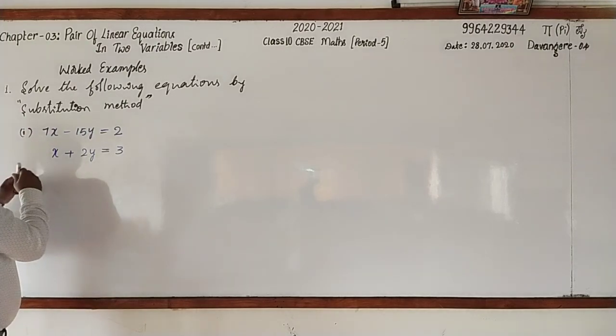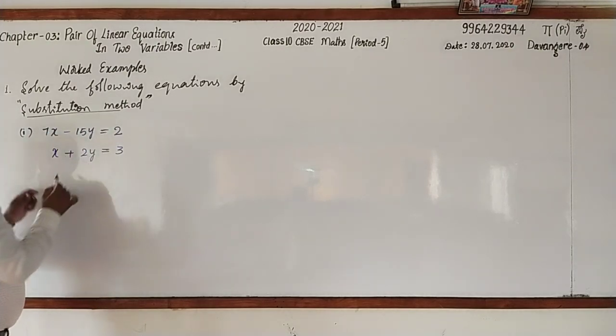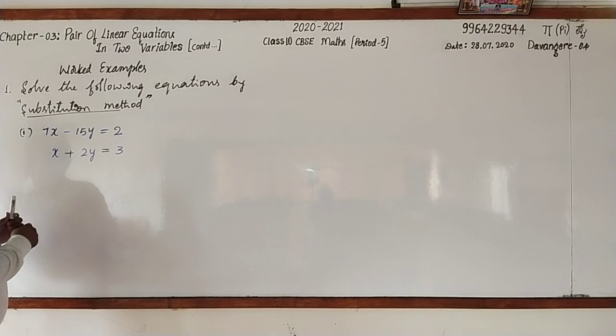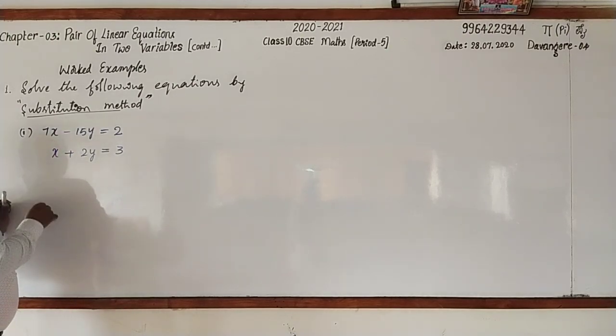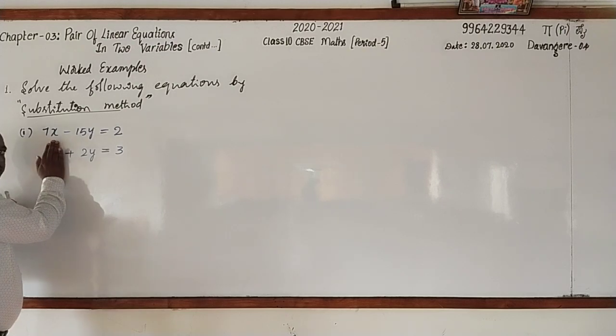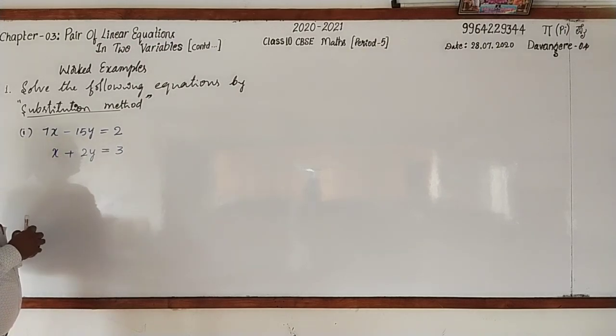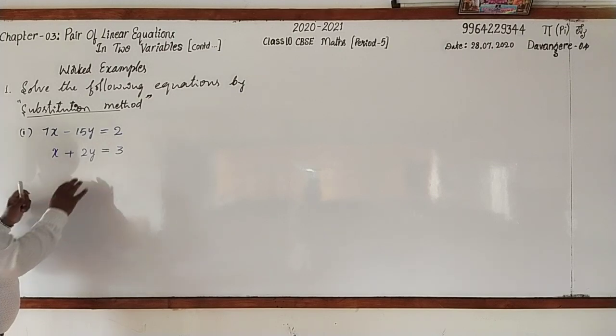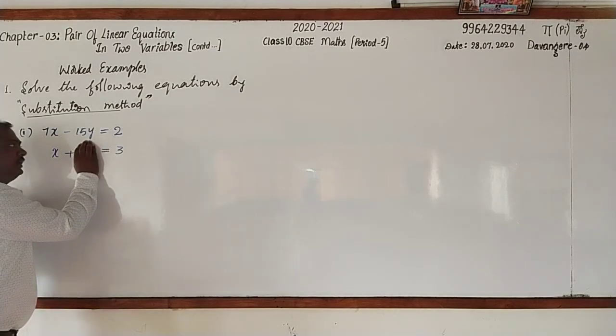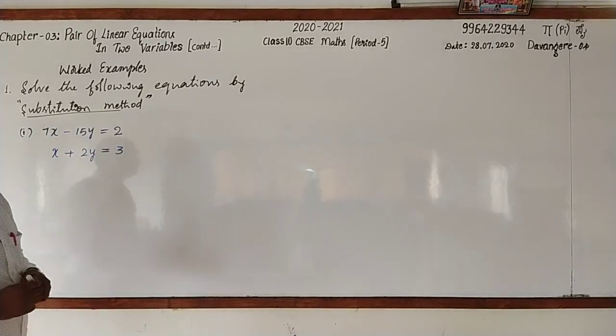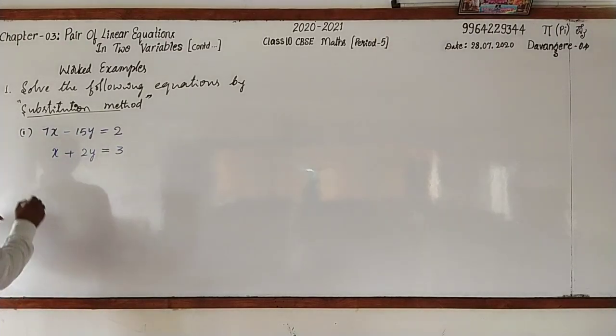Here, only the meaning will tell us how we can solve it by the substitution method. If you want to find the value of x, then y should be substituted. Got it? Then if you want to find y, x should be substituted. How is this? Let me show you.